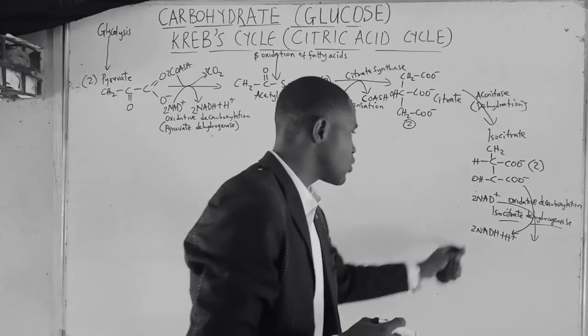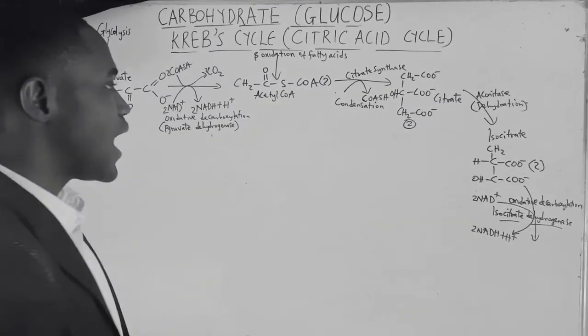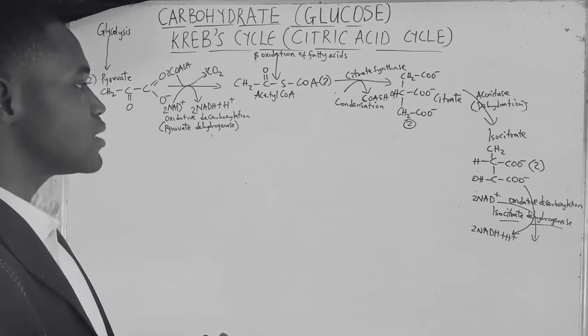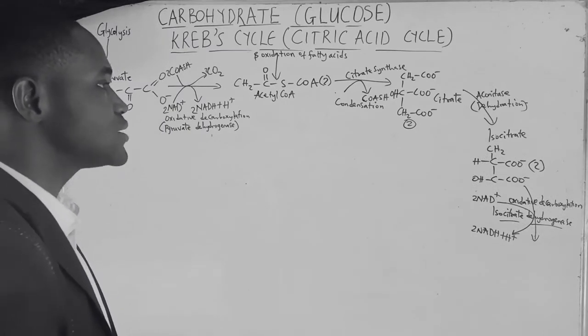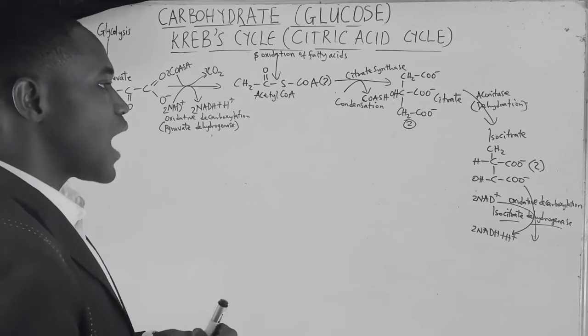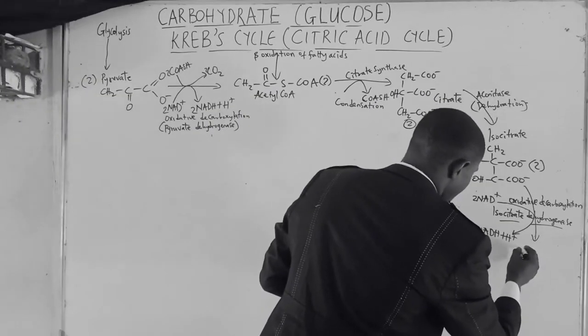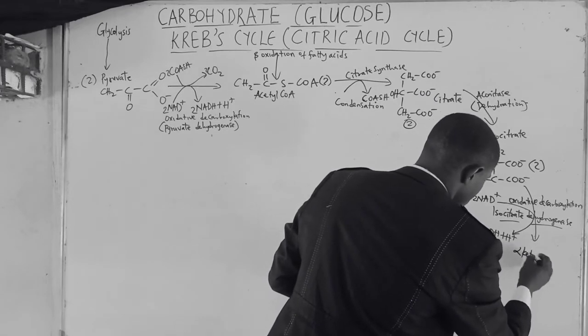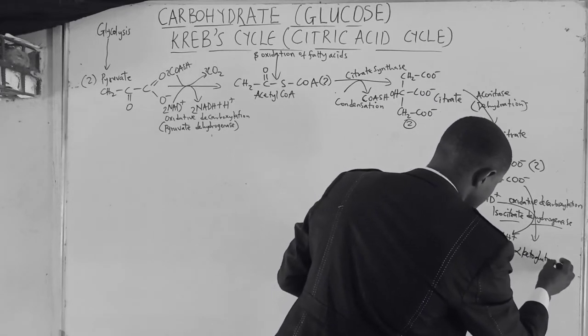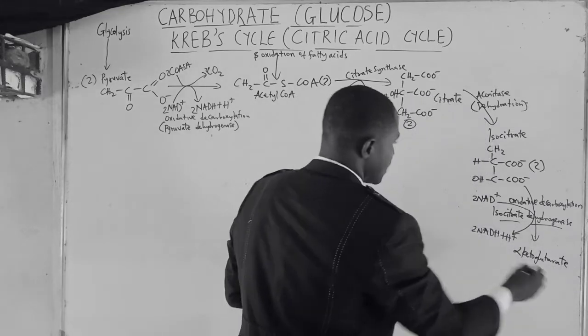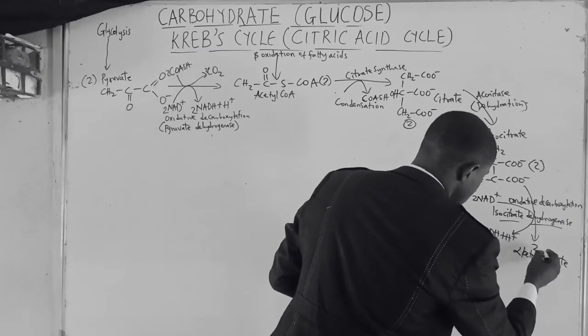So this will be produced. Then isocitrate, after being acted on by isocitrate dehydrogenase, will give us alpha ketoglutarate. Then that is 2 molecules of it.